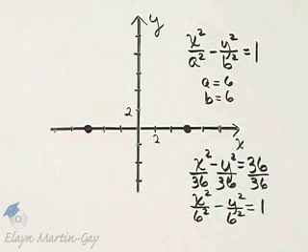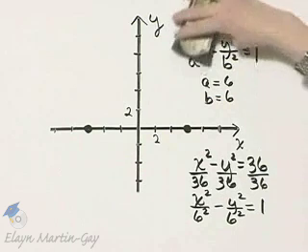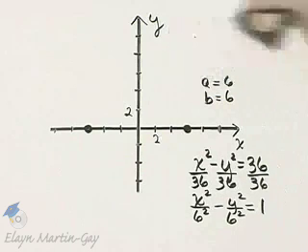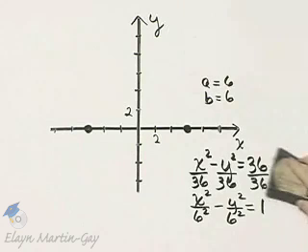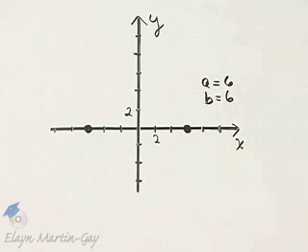Those are my x-intercepts. Also remember, it might be helpful to draw in a rectangle and extend the diagonals of the rectangle to help see the asymptotes of the hyperbola. So remember that a is 6 and b is 6, and that will help us draw the corners of our rectangle.